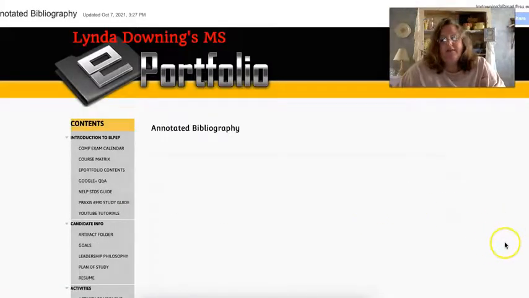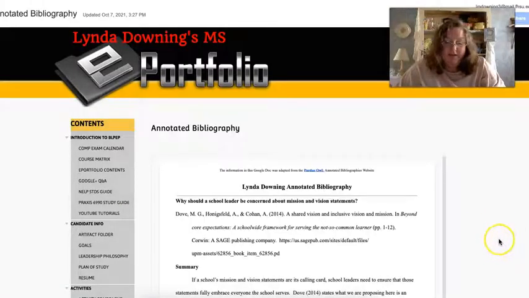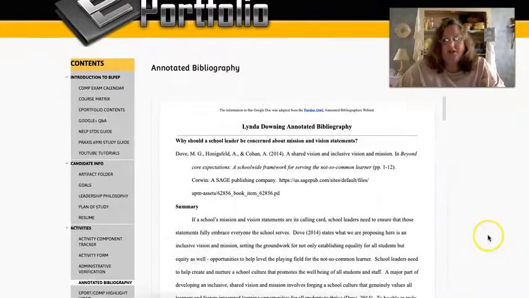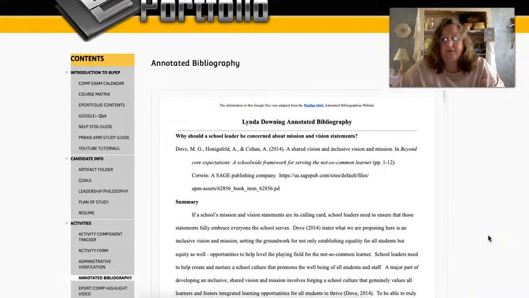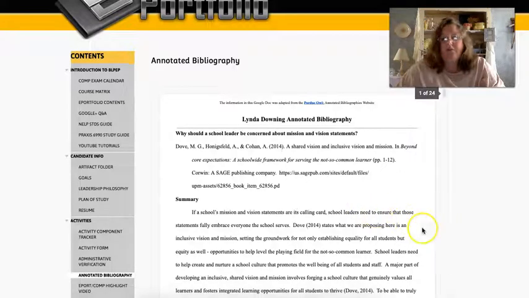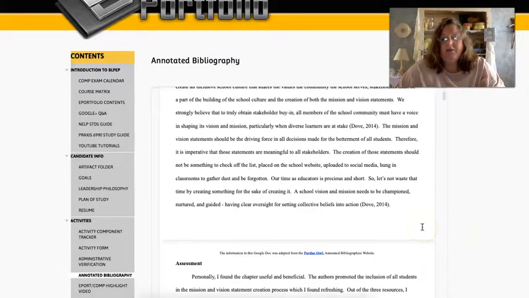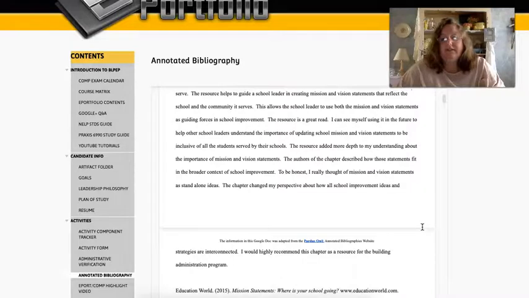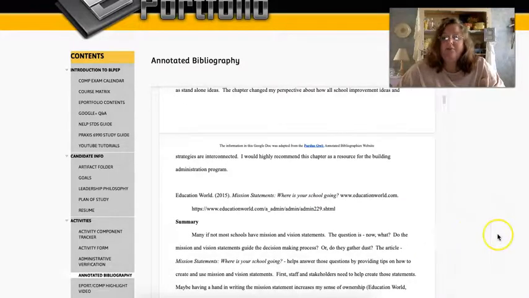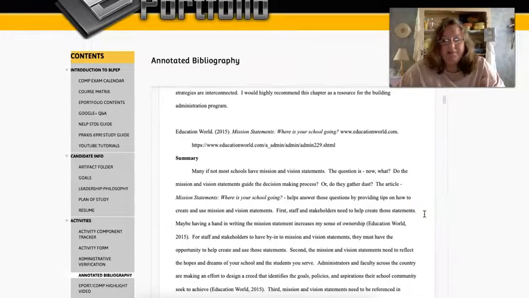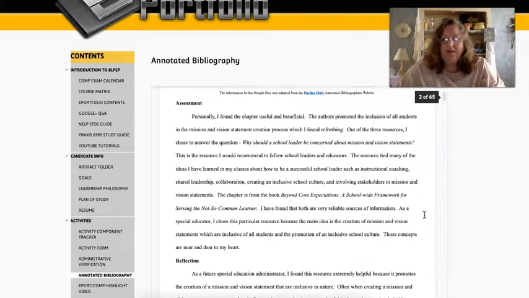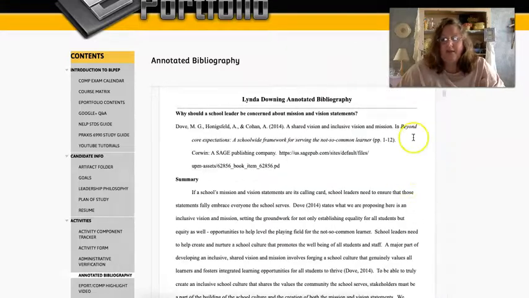Next, we have my annotated bibliography. This was the most challenging and most time-consuming piece that I found in the portfolio. It is a total of 65 pages. I will not read through any of that at this time, but I do want to point out that I was very careful about my APA format.